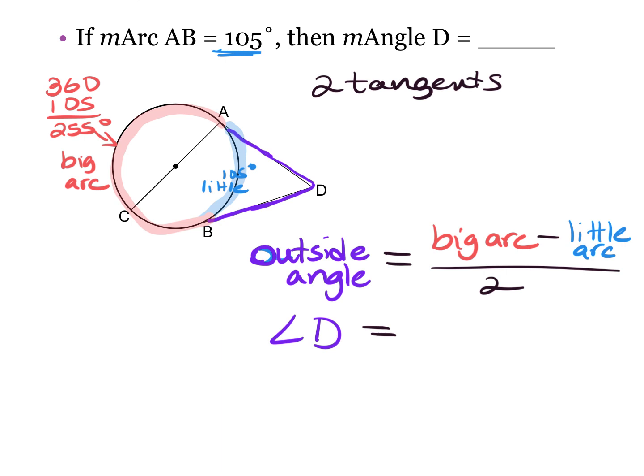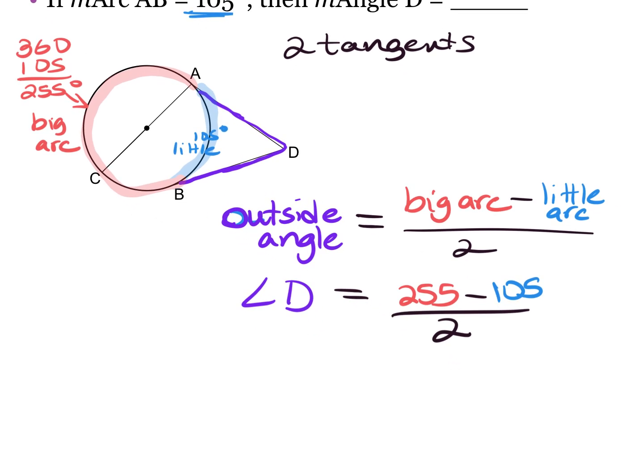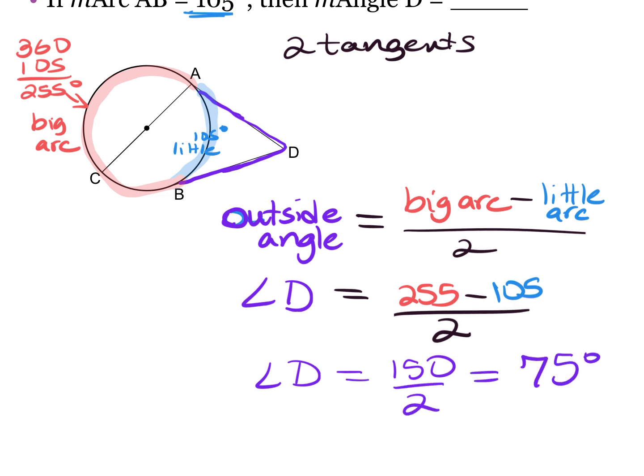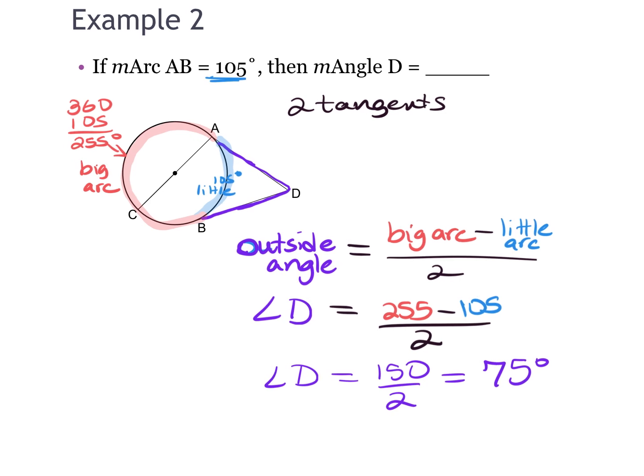So big arc 255, little arc 105, and then divide by 2. So 255 minus 105 is going to be 150. 150 divided by 2, and angle D is 75 degrees.